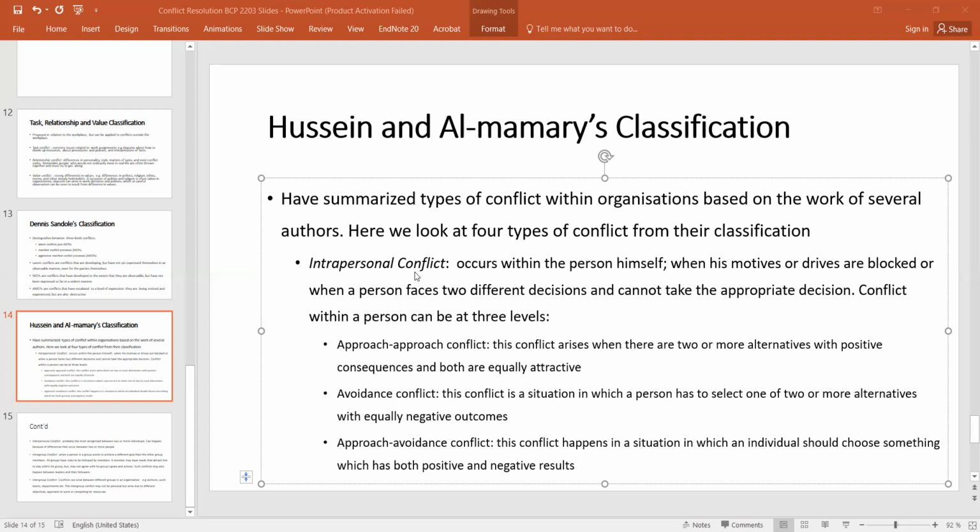Then there is the avoidance conflict. Remember, these are all happening within you, the individual. This is a conflict situation in which a person has to select between 2 or more alternatives, and both of them are equally negative. Both of them are painful. We call it being between the devil and the deep blue sea. But then, the devil burns you.